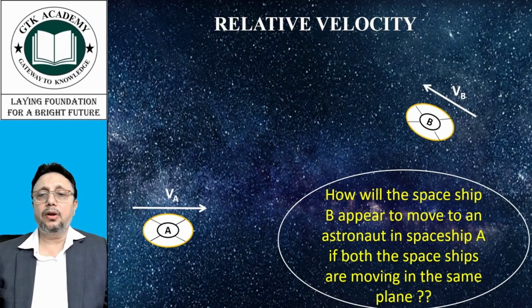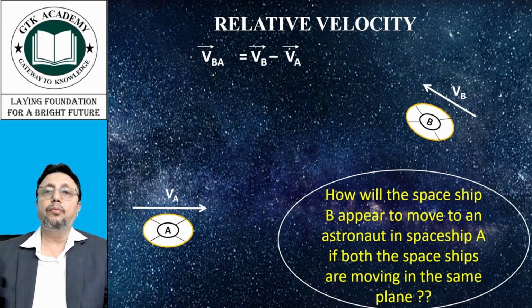Coming to the example of spacecraft, velocity of B relative to A is VB minus VA.